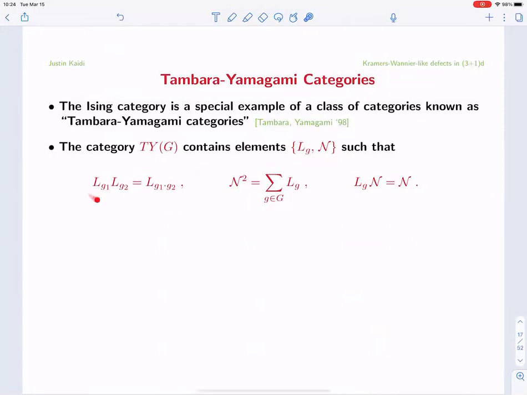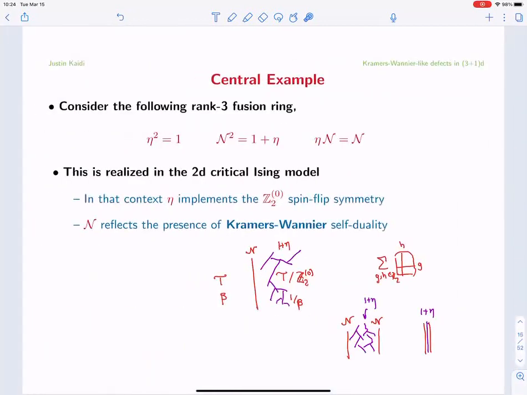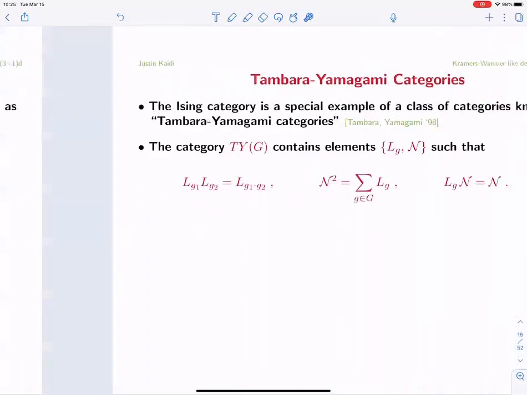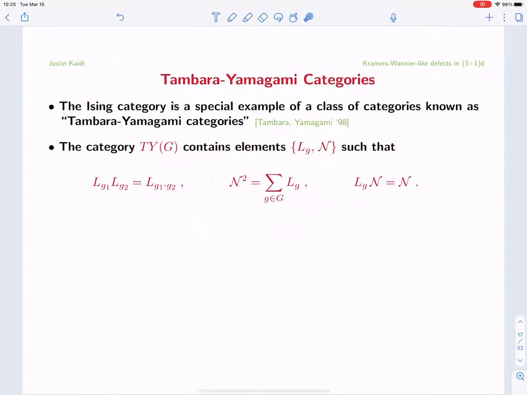The L_gs just have normal group-like fusion, and the N squares to a sum of all of the group-like guys. So it's almost just like a group, and then there's just 1 extra defect, N. If I compare this to the Ising case here, it's obvious that Ising is Tambara-Yamagami of Z2, right? So it's just one special case of these more general fusion rules.